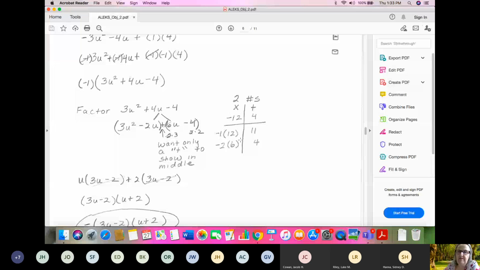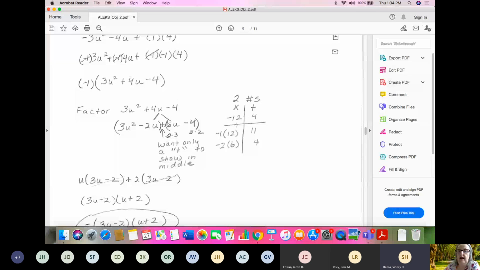Okay, so when we factor, we're looking for 2 numbers that multiply to give us this number. How do we get this number? If you have any similar problems to this, you take these numbers on the outside, 3 and -4, and multiply them together. So that's -12.